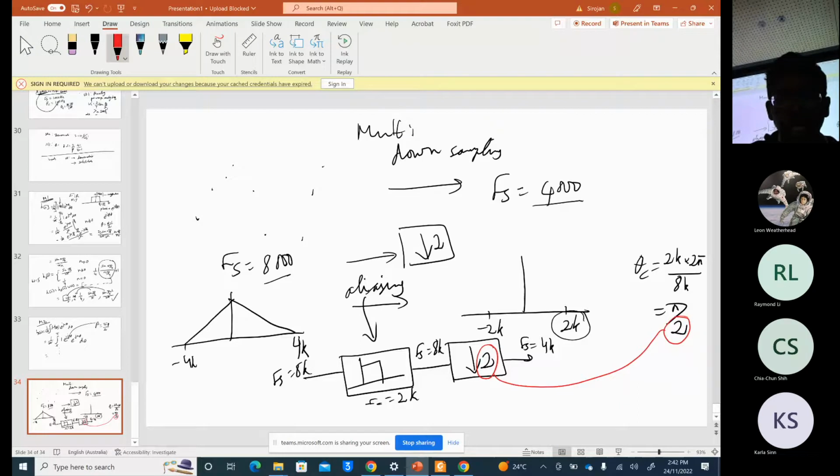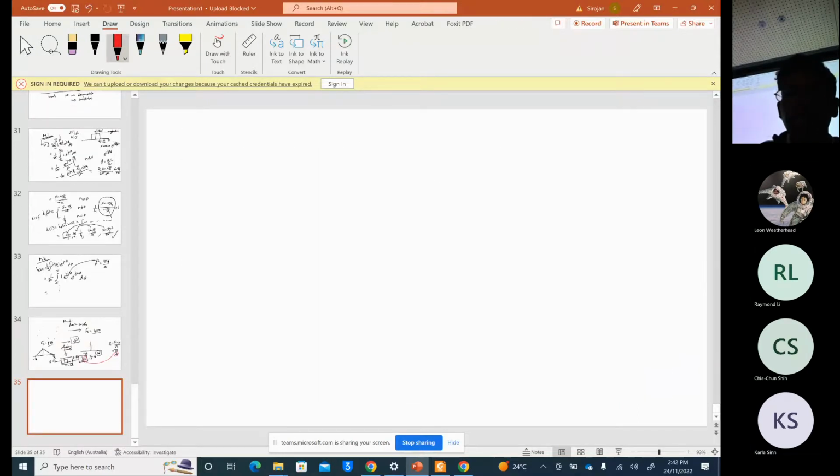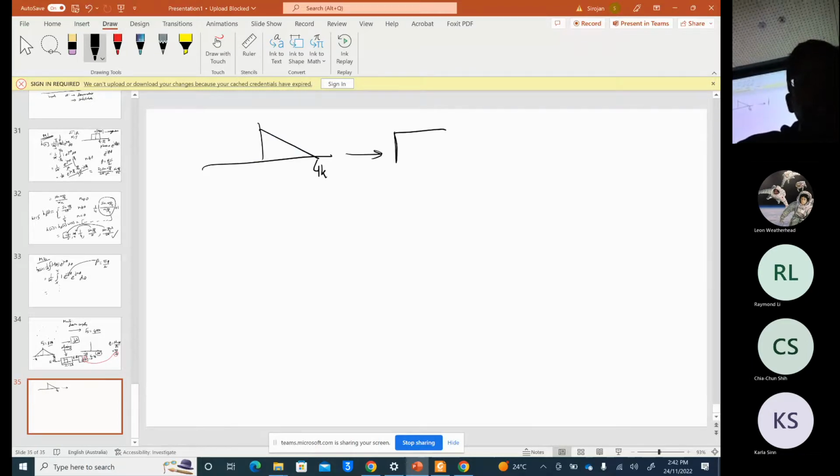So what happens to the magnitude response in this downsampling case? Initially you have the spectrum up to 4K. Then you have this low pass filter.